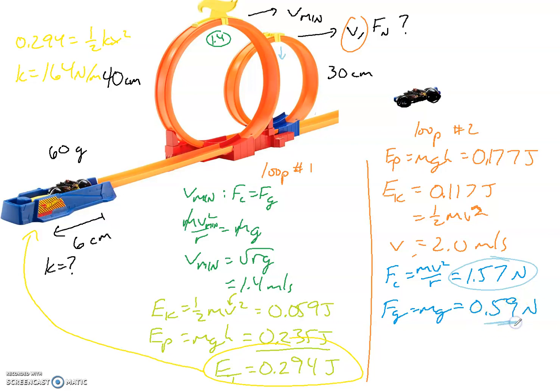So Fg helps you out, which means the track has to supply the rest. The Fn would just be the difference between the two, which is about 0.98 newtons. So it's the combination of gravity pulling down as well as the track pushing down with 0.98. Those two put together give you the 1.57 required for the circular motion. So Fn is all taken care of.